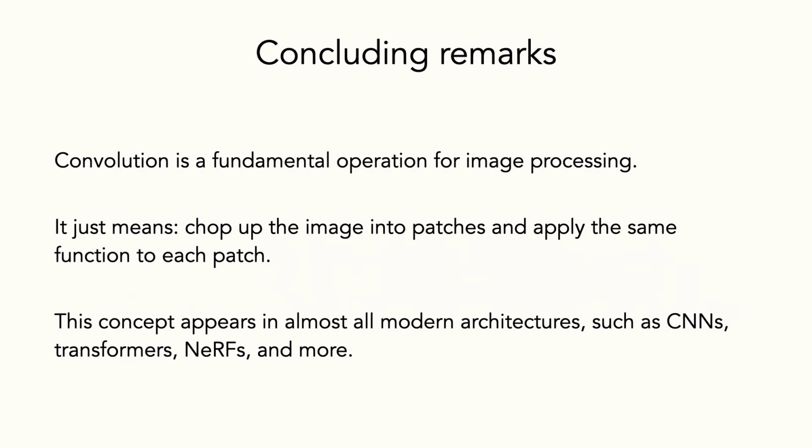Essentially what it means is you're just chopping up the image into patches, and then you're applying the same function to each patch, but you're doing it through this slide and sum operation. And this concept appears in basically almost all modern architectures. It appears in CNNs, but also things like transformers, though then the patchwise operation isn't necessarily a convolution. You use attention instead. Things like NeRFs and more.